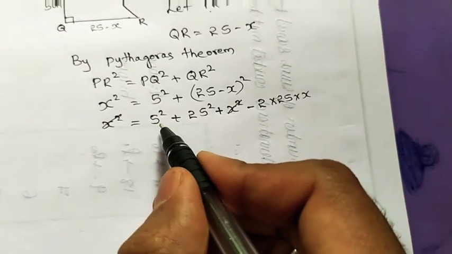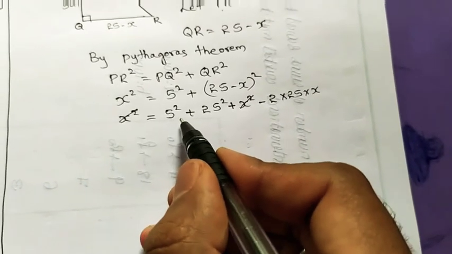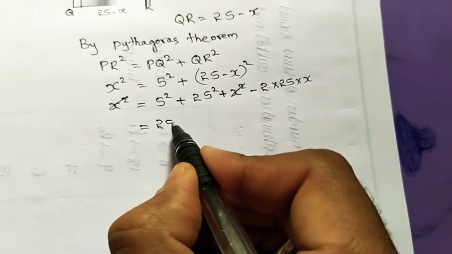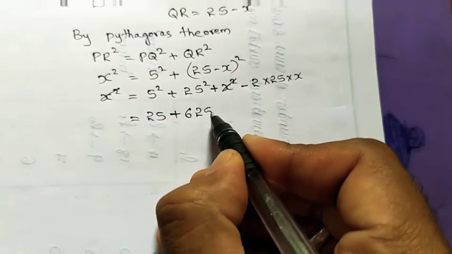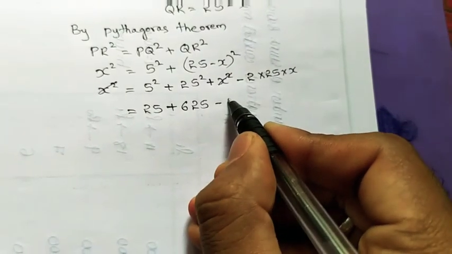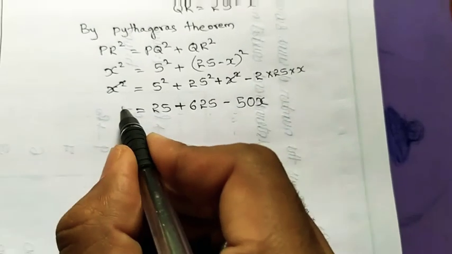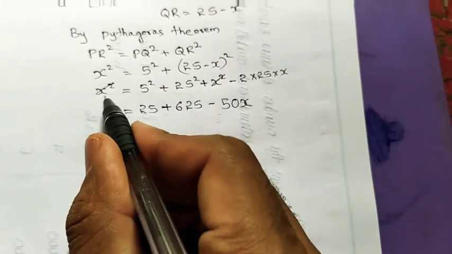Here 5 square is there and 25 square is there. First you simplify this: 5 square is 25, plus 25 square is 625, that is 650, minus 50 into X. Since X square and X square cancel, here remaining is 0.